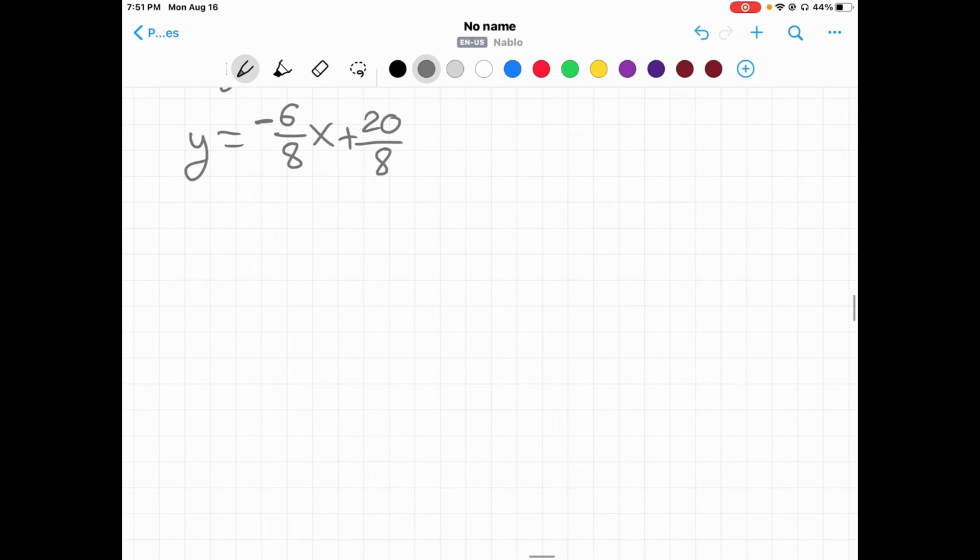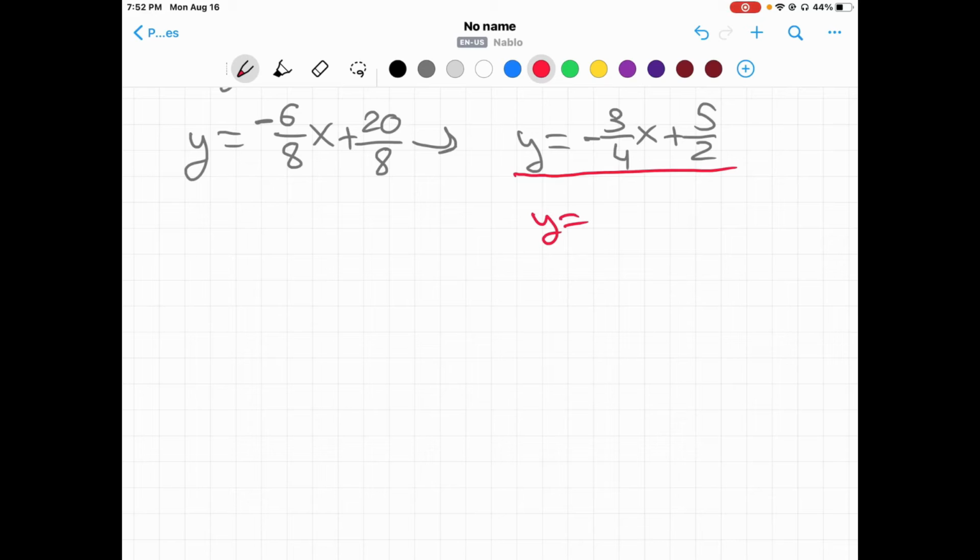Now let's simplify this, and we would get y equals negative 3/4 x plus 5 over 2.